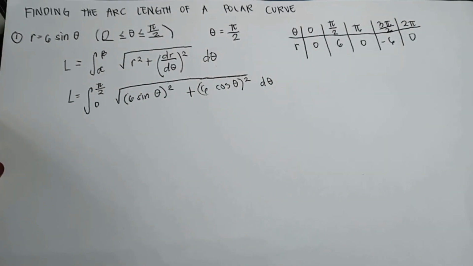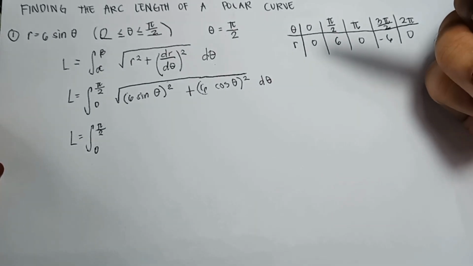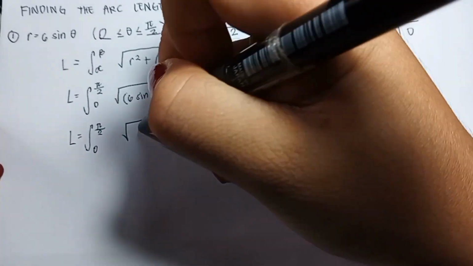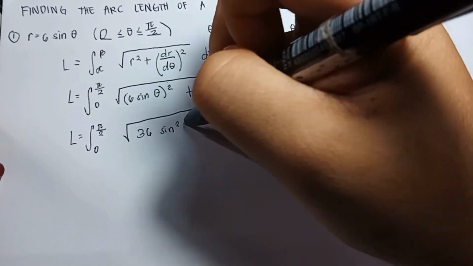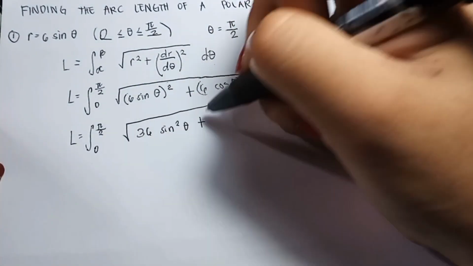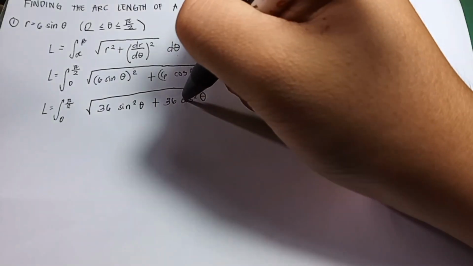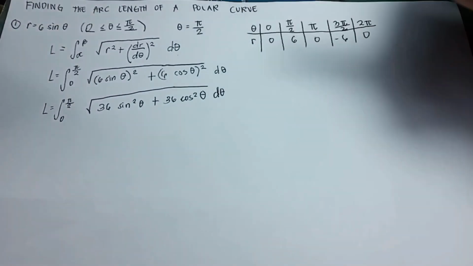So we have all the values that we need. Let's first simplify the values inside the square root: 36 sine squared theta plus 6 times 6, 36 cosine squared theta, and then d theta.